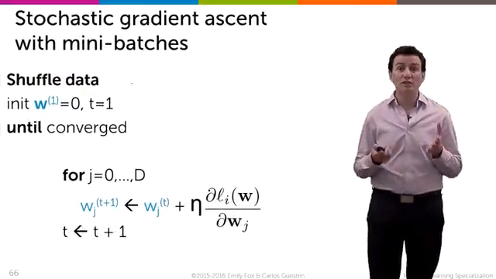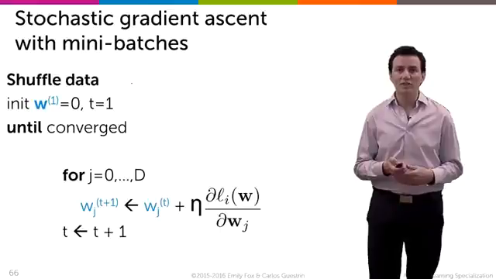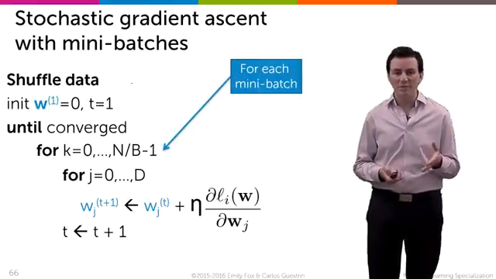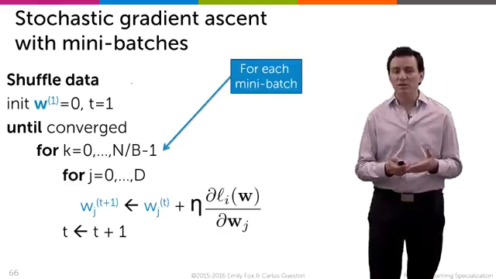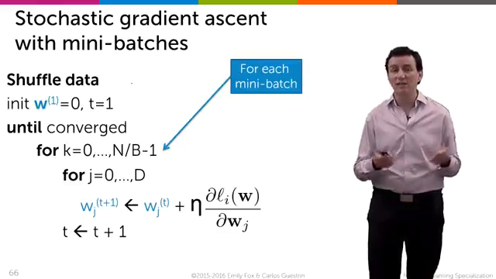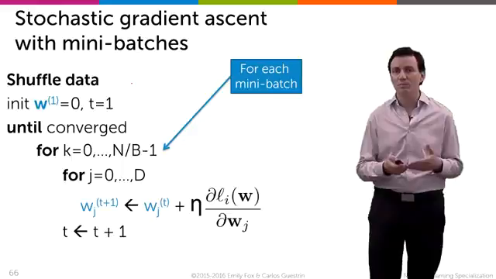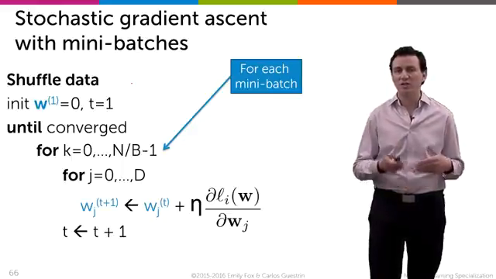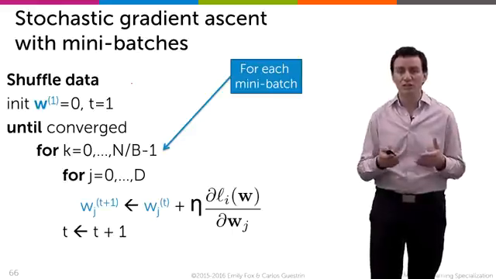So let's go back to our simple stochastic gradient algorithm and modify it to introduce the notion of batch sizes. Instead of looking at one data point at a time, we're going to look at one batch at a time. If the batch size is b, we have n over b batches for a data set of size n. So if we have 1 billion data points and batch size 100, there are 1 billion over 100 of those.